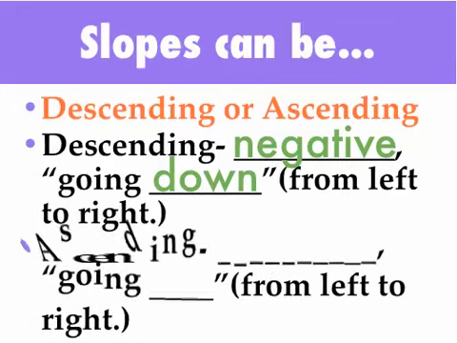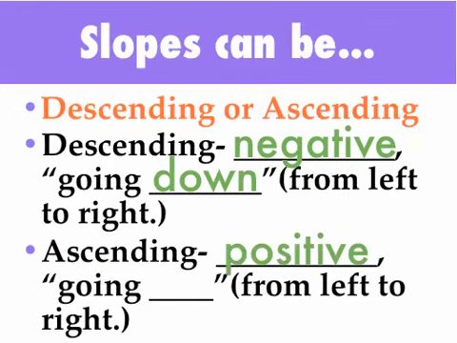Ascending, on the other hand, is going to be positive, and it's going to be going up as you look from left to right. So descending is negative and going down. Ascending is positive and going up. You're going to look at the graphs of lines like you would be reading a book. So you're going to start at the left side and you're going to move your way to the right side.